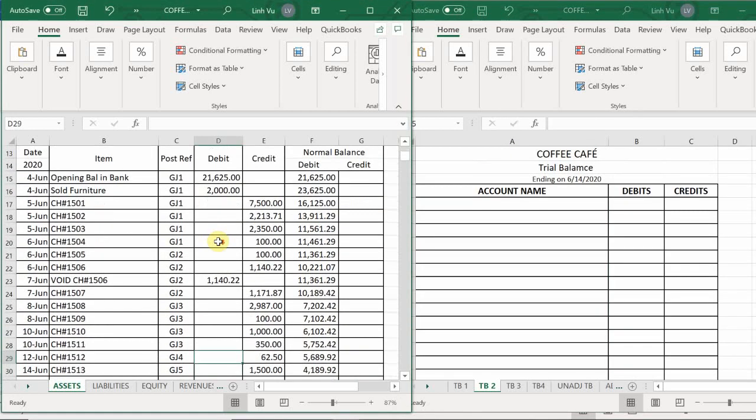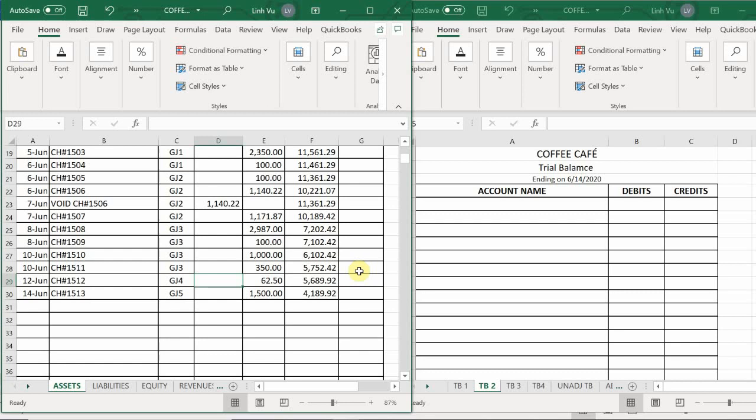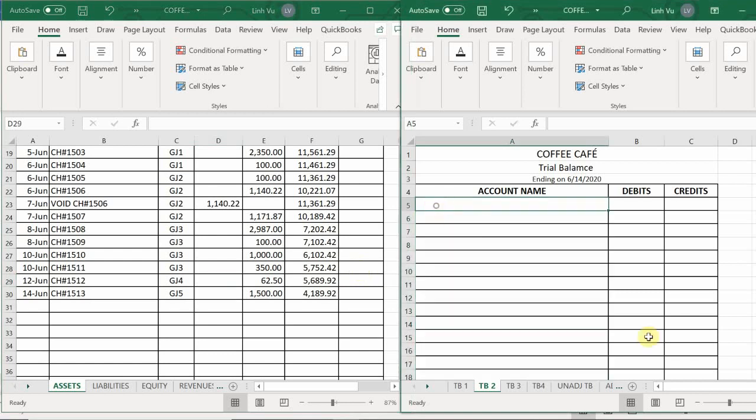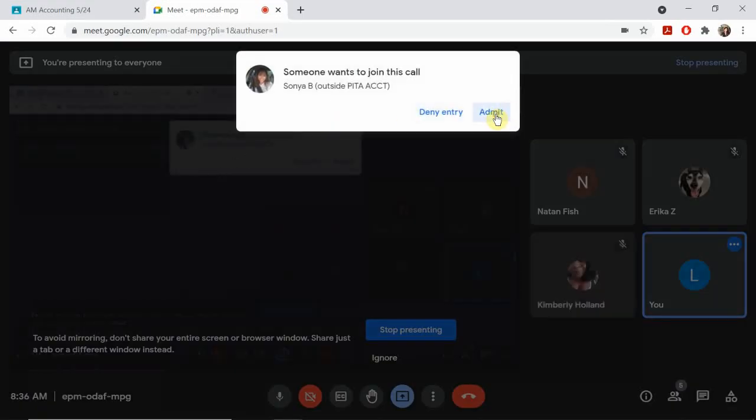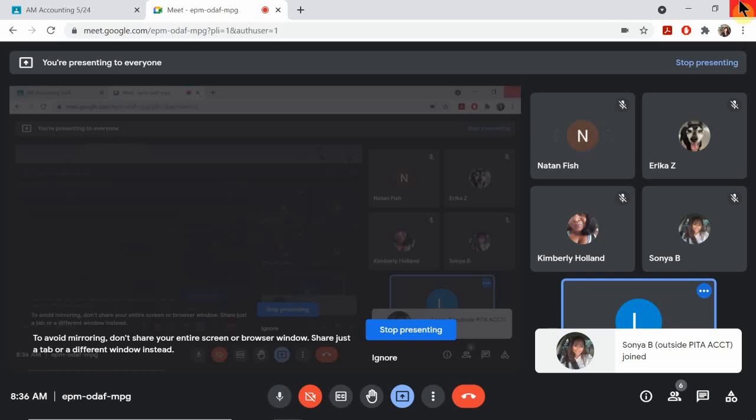Let's see, what's my account balance in my checking account? $41,899.92.